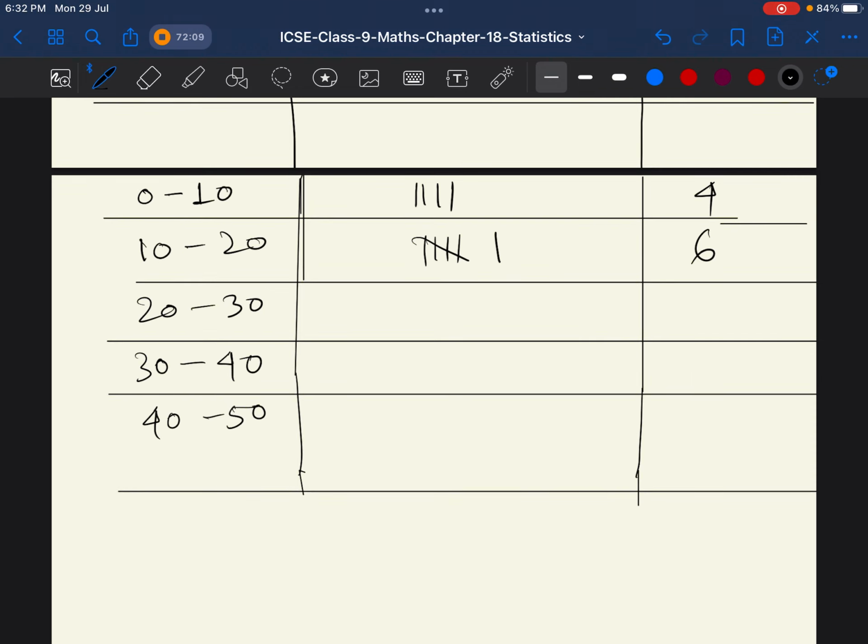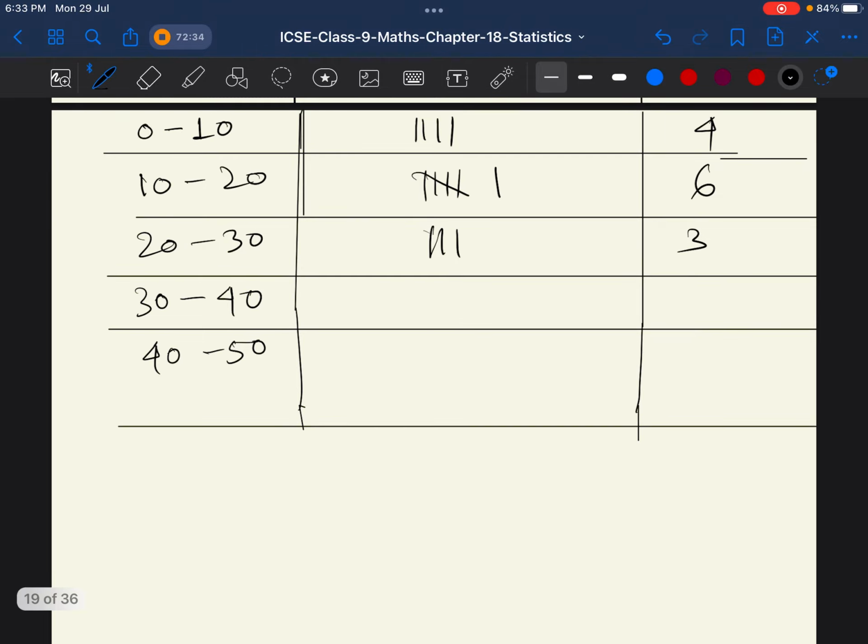And 20 to 30, 23 two times, and also 29. Now 3, 1 2 3, frequency 3.